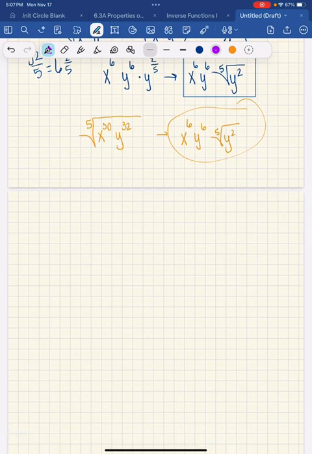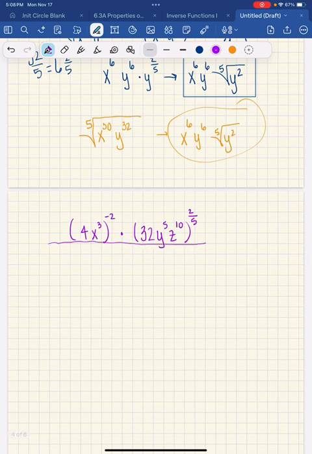Okay, so let's do (4x cubed) to the negative 2 times, how about (32 y to the 5th z to the 10th) to the 2/5 power, over x to the 0 (y to the negative 2) to the negative 4.